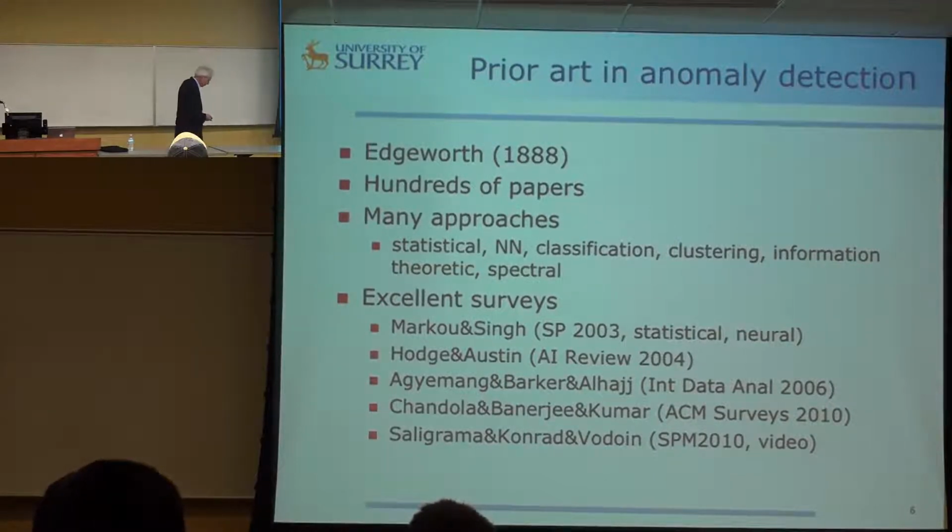Working with Gaussian, normal distributions was very popular at the time, and the notion of anomaly, what is deviating from the distribution, was defined at that point and researched quite intensively. There are many papers, and if anybody wants to move into that area, it's best to start with some survey papers, which are very helpful. There are excellent surveys on anomaly detection, and we have a few examples of survey papers here.